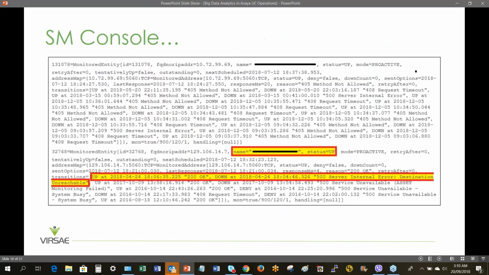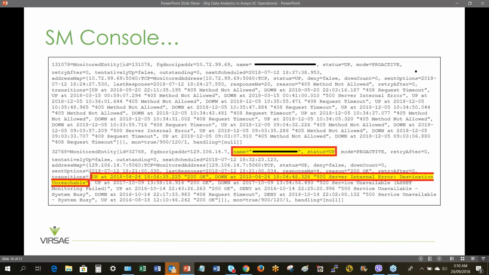In this case, we're taking advantage of SM console. Again, this is real raw data taken from a real customer with a real outage, and I've removed some of the information that may be private. You can see in amongst all of that text, which of course is very difficult for a human to interpret, that the SIP trunk went down at 1804, went down for 2 minutes, and recovered automatically at 1806.